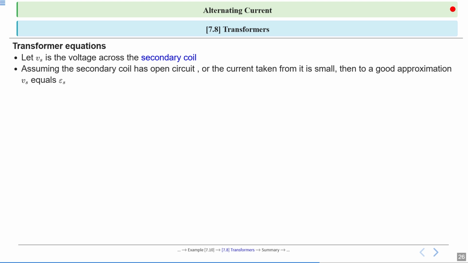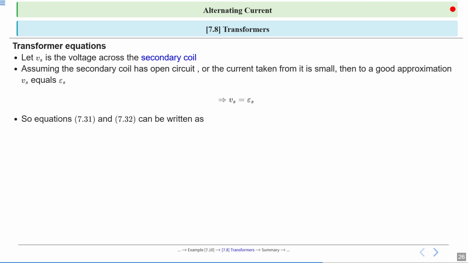But we are assuming that the secondary coil has open circuit, no current is being drawn from it, or the current taken is very small, so that we can neglect the voltage drop due to resistance. Then to good approximation, Vs equals Es. Voltage across the secondary coil will be equal to the EMF induced in the secondary coil. So Vs is equal to epsilon S.